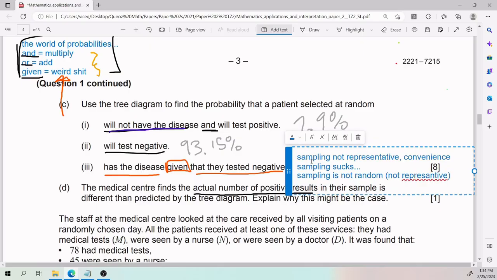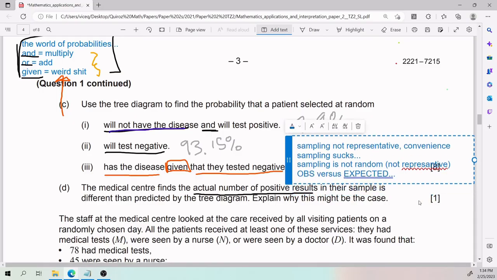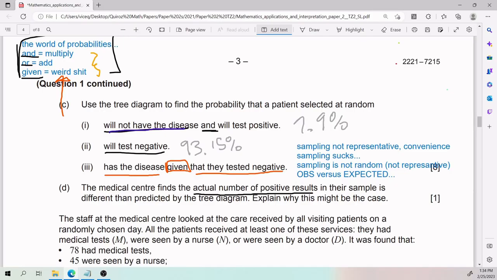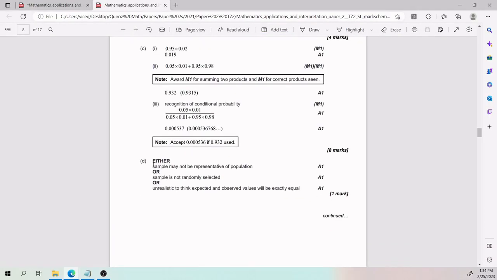And you can also simply say that the medical center is comparing observed versus expected, and it's very common for your observed values to be different to your expected. The answer key does have it like this. So just so that we're all on the same page, any one of these three is going to work. It's exactly what I just told you.